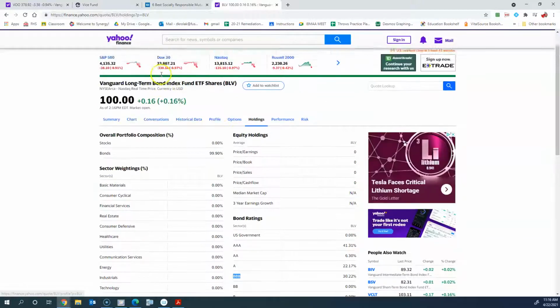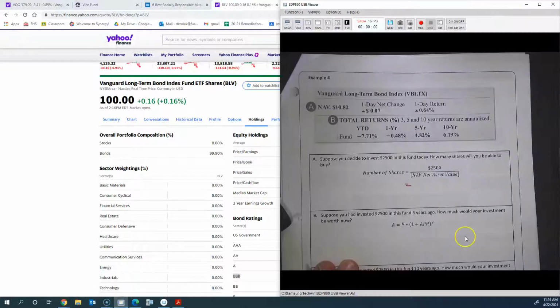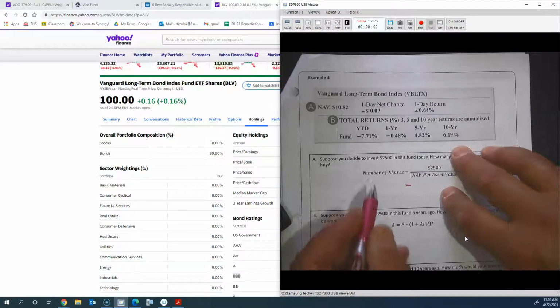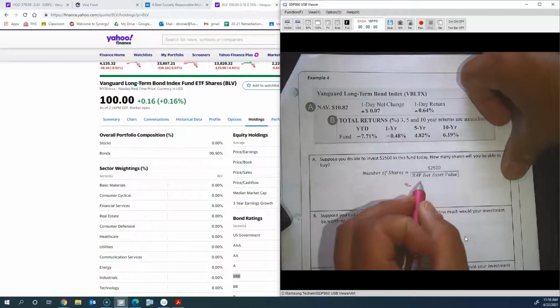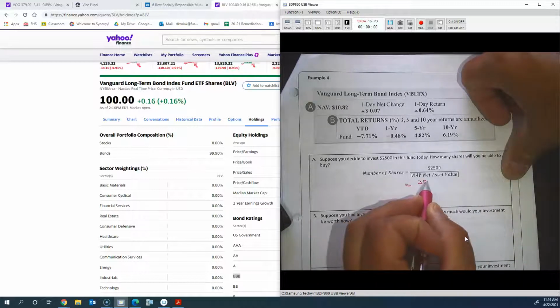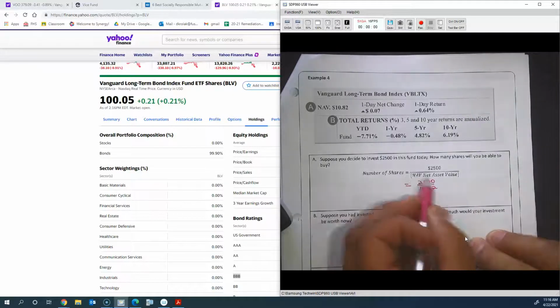Okay, so let's calculate how you would do on this one. If you had $2,500, we could buy a lot more because it's not nearly as expensive. Back when this was taken, it was only $10 a share. $10.82, that's called the NAV.